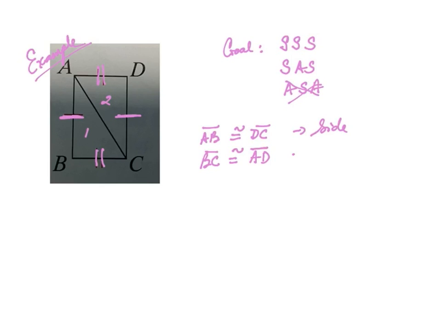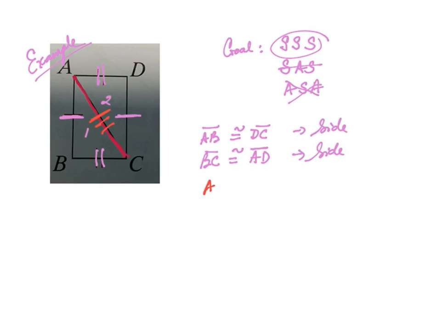It is another side, meaning I don't have an angle at all. There's no angle, so that's gone. What is the third side? I'm looking for one more side. This one is right here. That is my reflexive side.